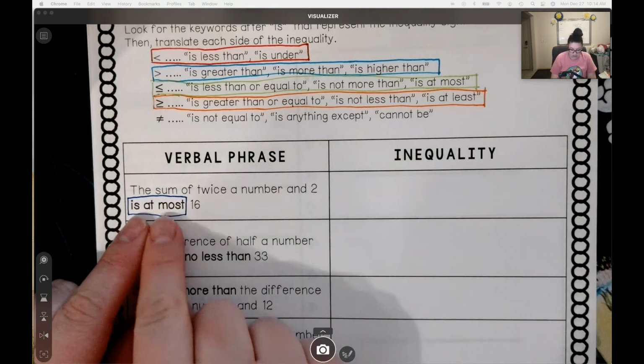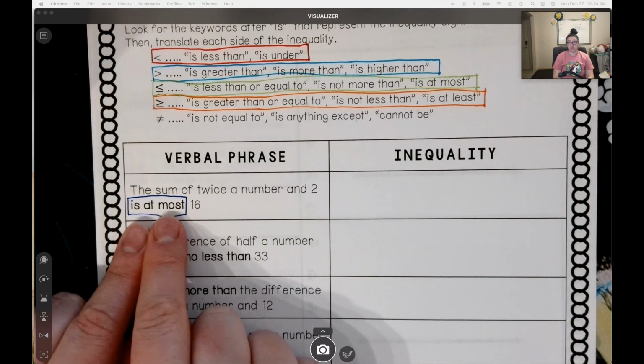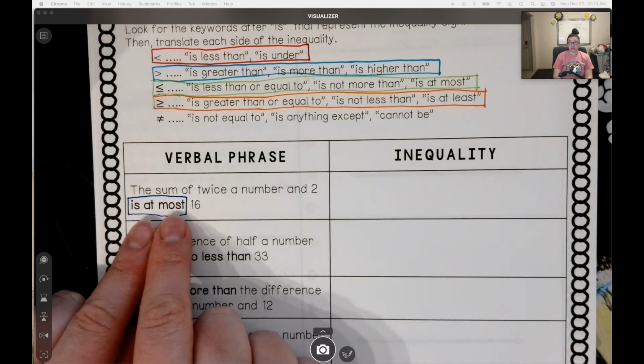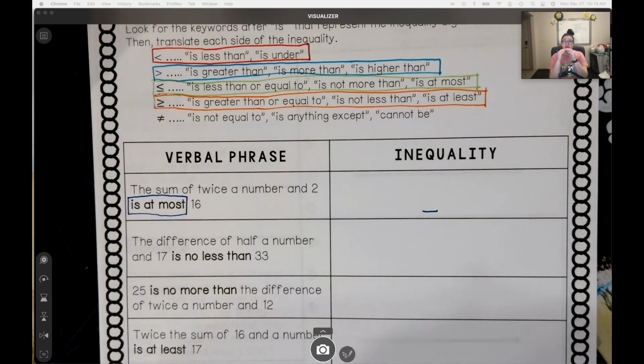So once you get that math figured out, the symbol is very important. Let's again think about this inequality sign. Is at most. If something is at most, could it equal it? At most means it could equal it, so I know I have to have the line underneath. Now I just need to think, what direction should it go if it is at most? At most means it could be less.